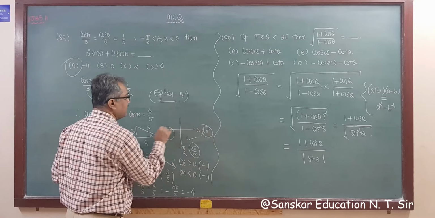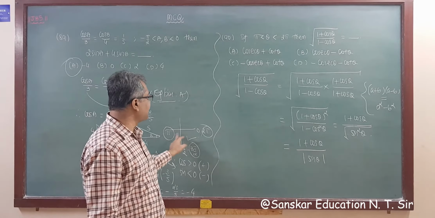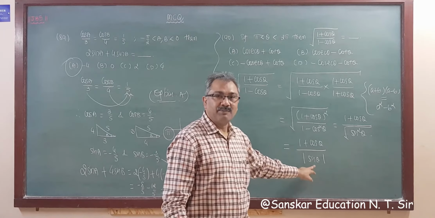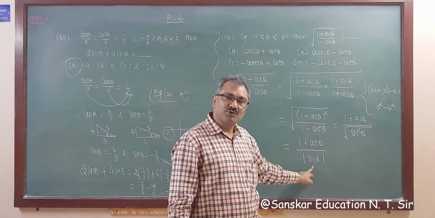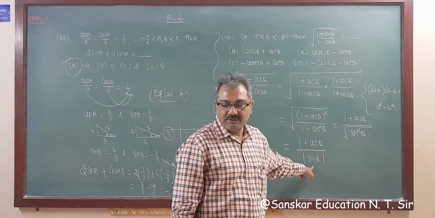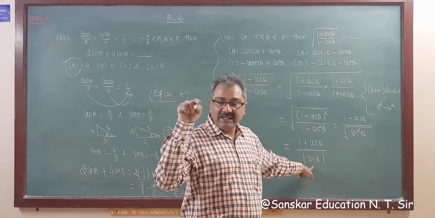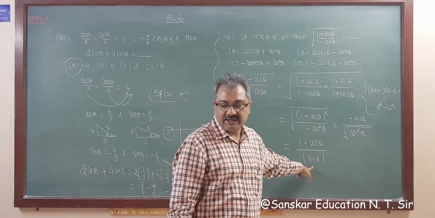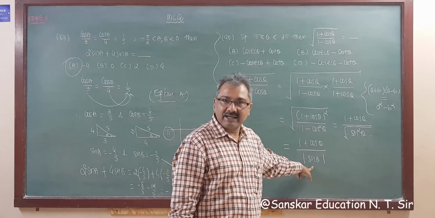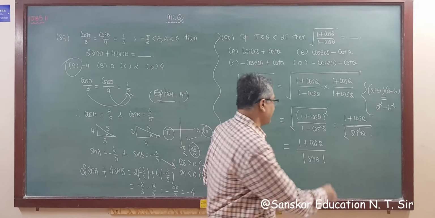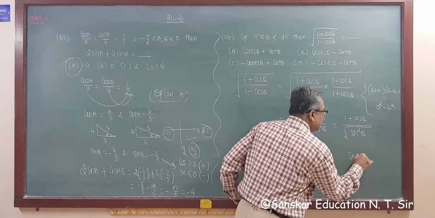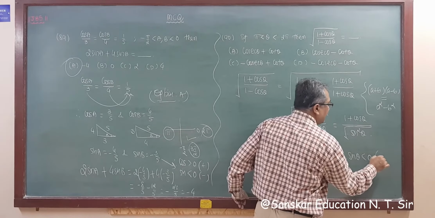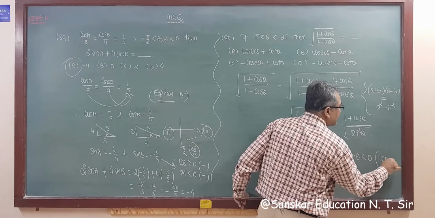So we are discussing this region. In both quadrants sine is negative. So we have to take sine theta as negative. In this quadrant sine is always negative, so sine theta is less than 0, with pi less than theta less than 2 pi.